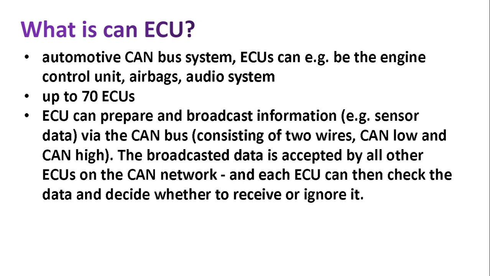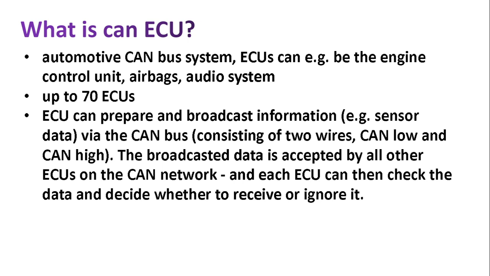As you increase the features of the car, the ECUs also keep increasing accordingly, right? Now an ECU can prepare and broadcast information, sensor data, over the CAN bus consisting of two wires, CAN low and CAN high, okay. So CAN bus has only two wires, CAN high and CAN low, meaning only two wires are used for transmitting all this data.